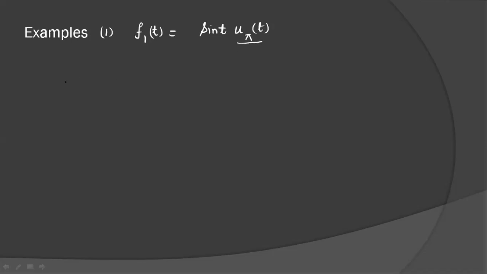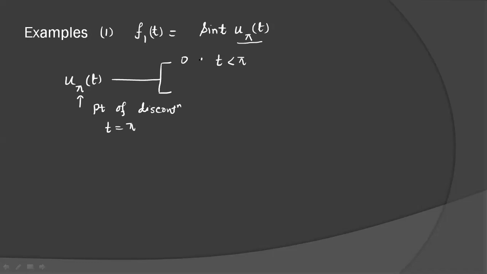This is your unit step function u_pi(t), and this is the point of discontinuity. What is the point of discontinuity here? t equal to pi. When t is less than pi, the value of the function is 0. When t is greater than or equal to pi, the value is 1. So if we multiply u_pi(t) with sin t, you will get f1(t).